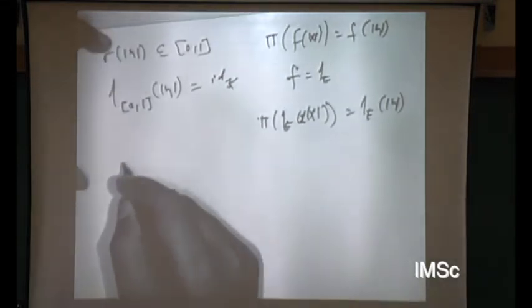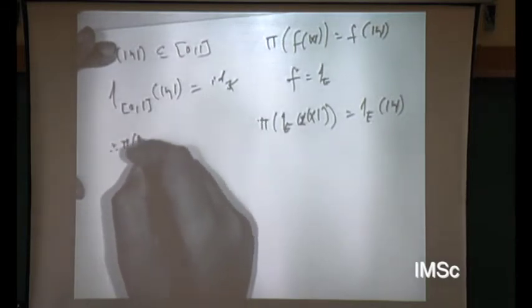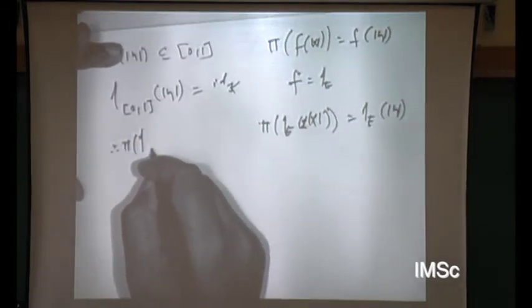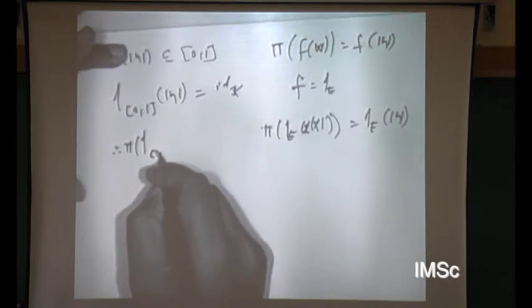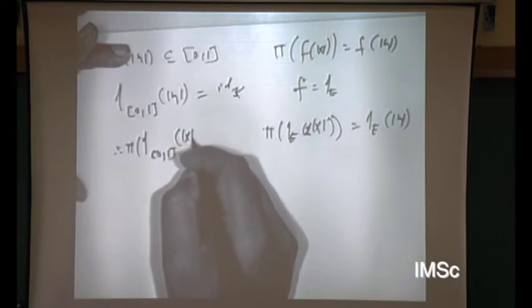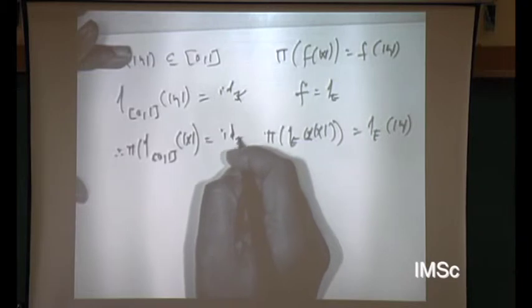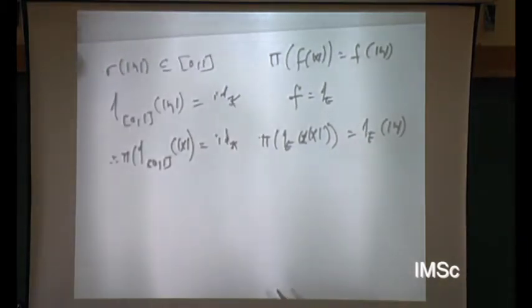That is, it says that therefore pi of indicator 0, 1 of mod y of mod x equals identity. Also, pi of identity of the Hilbert space is identity of K. We assume that pi is a unital homomorphism.